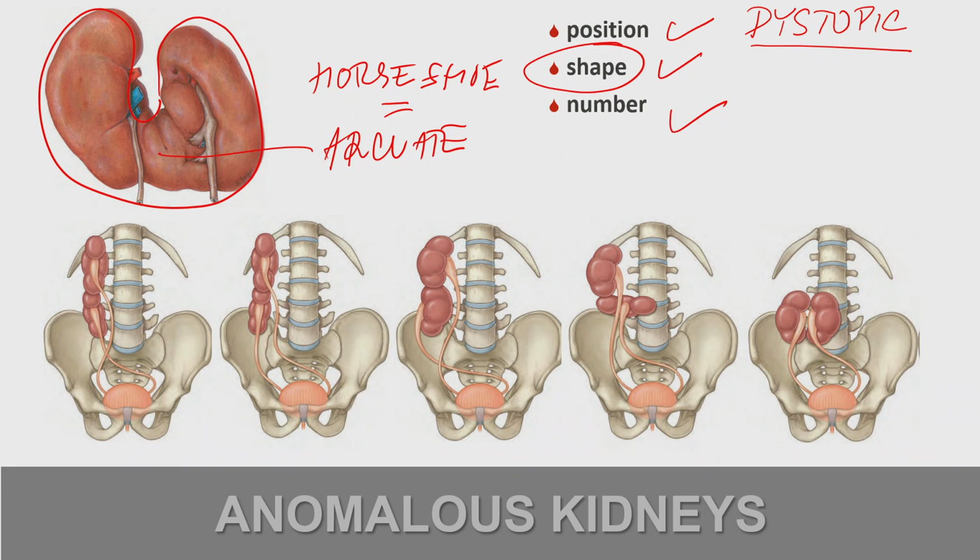When the lower poles are fused, we could also have an upside down horseshoe, or a sigmoid, or a rounded discoid kidney, or the kidney could be shifted to the other side, or also with over rotation. So those are anomalies. Remember, horseshoe, discoid, and this one forming S, so sigmoid.